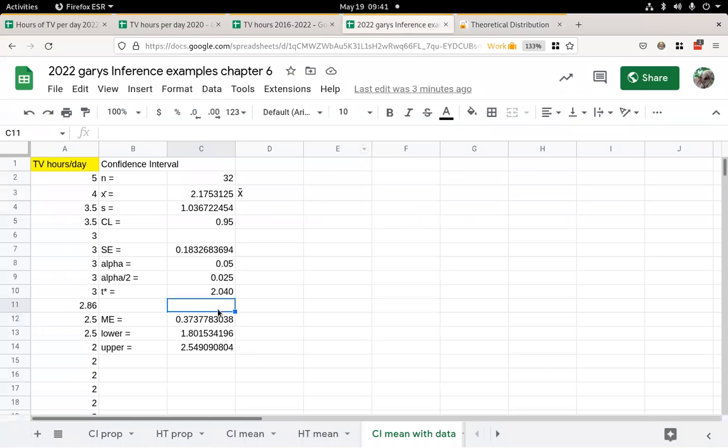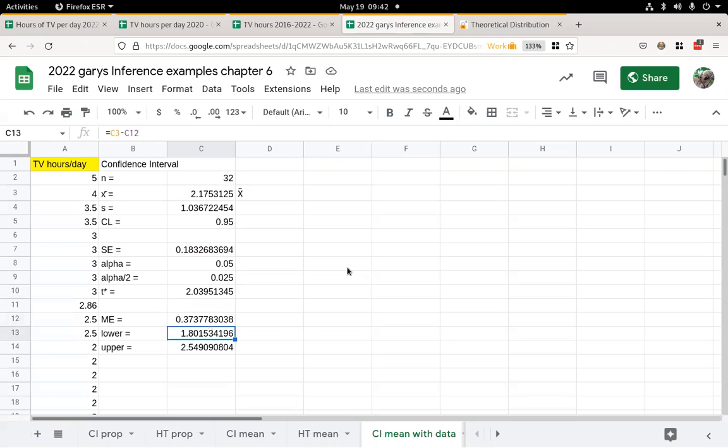Compare that over here. There's my 2.040. The nice thing about the spreadsheet is if I need more decimal places, I can just ask for more. So if the question requires more accuracy than 3 decimal places, the computer will give me as many as I need. Then the margin of error in the spreadsheet just says, take that t-score times the standard error. That's your margin of error.